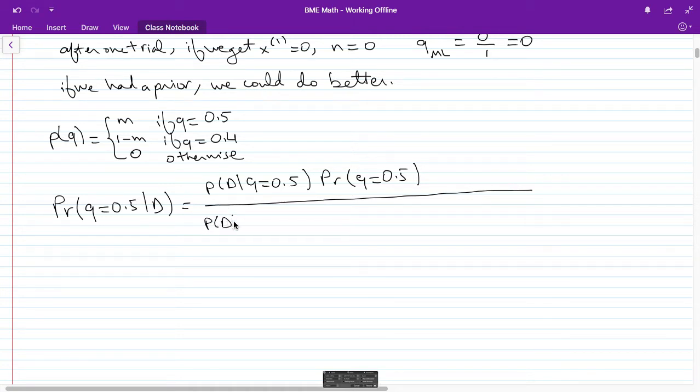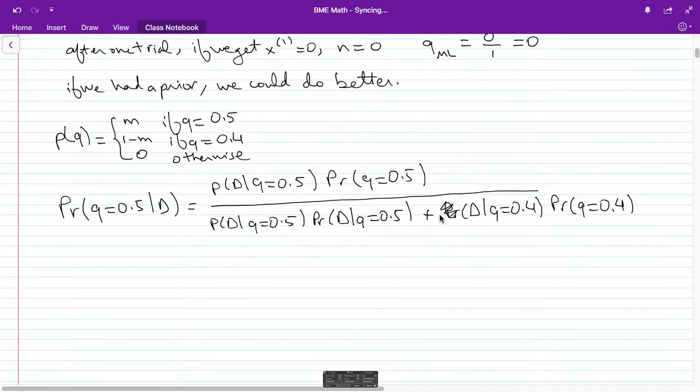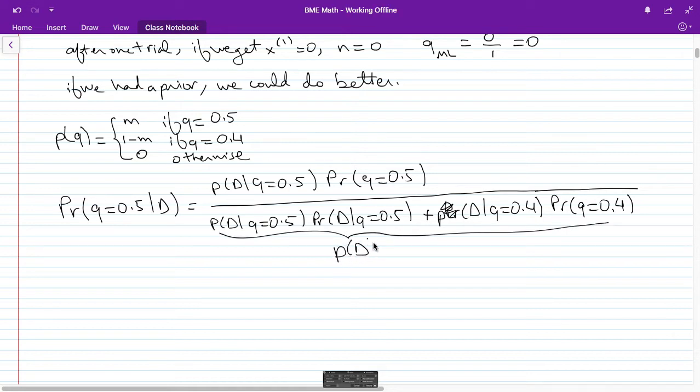It's the probability of the data given this condition plus the probability of the data given the other condition. And that's it, because for the third condition, its prior is 0. So the denominator is the marginal, the probability of the data. I integrated out the value of Q.